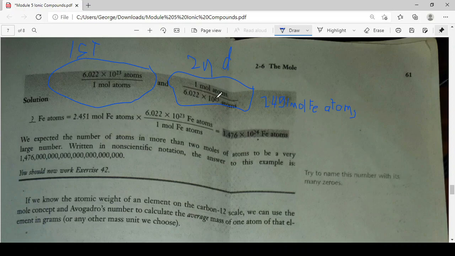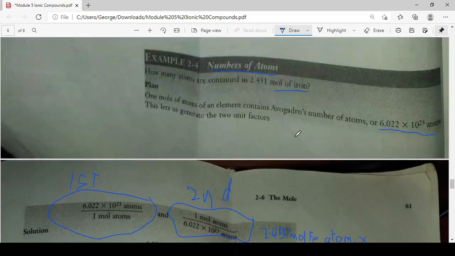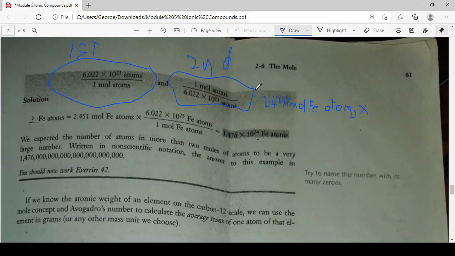Next, as we are given your 2.451 moles of atoms, we should write your first expression because we want to cancel the mole of Fe atoms as we are finding your number of atoms. Okay? So we should now put our moles next. So for every 1 mole, kids, according to our Avogadro's number, we have 6.022 times 10 raised to the power of 23.